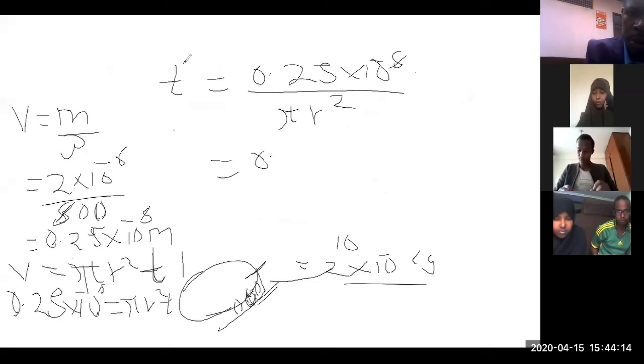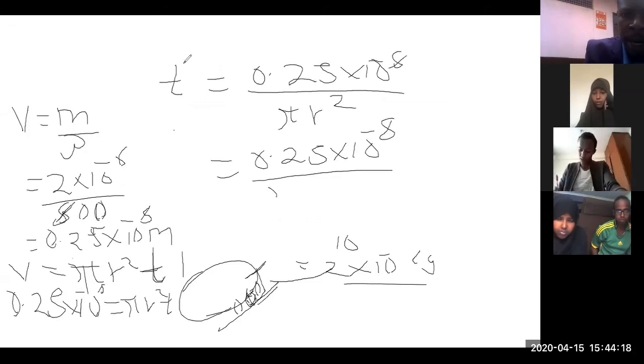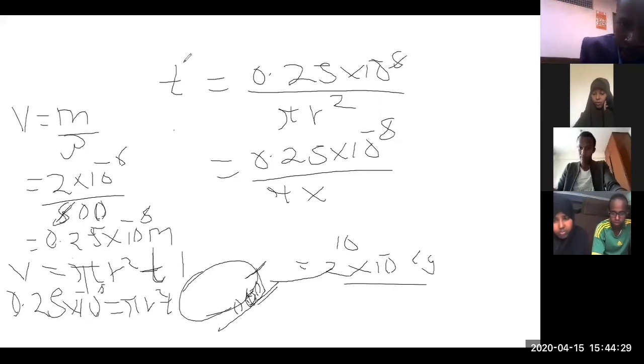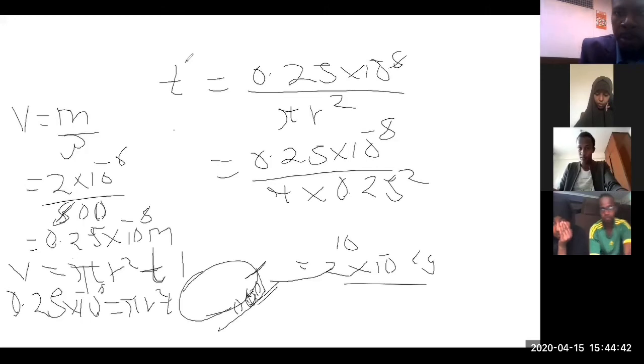Now, 0.25 times 10 raised to negative 8 over pi times our radius. We have, that is the uniform filling. Now, this uniform filling is 50 centimeter. So the radius is 25 in terms of centimeter. But what we are having here is in meter, so we change that into meter. That is 0.25, 0.25 square.